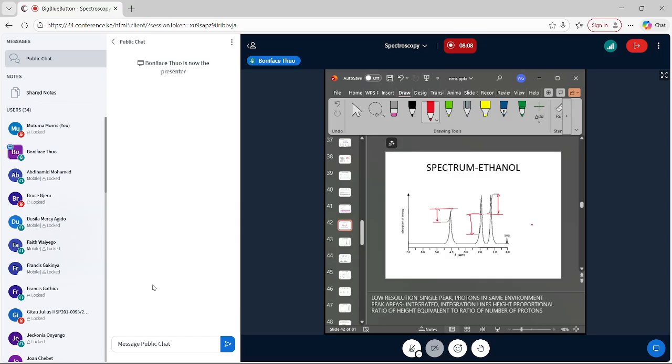Using that, you gather more information with regard to the possible chemical composition of the compound.